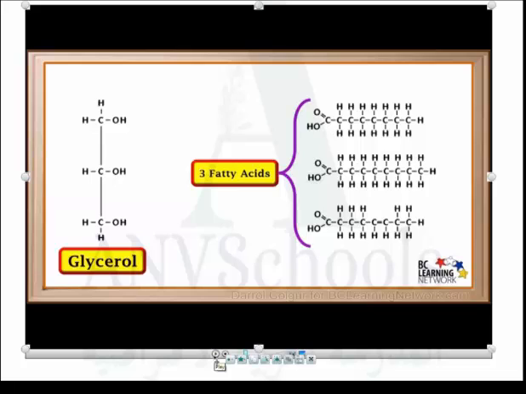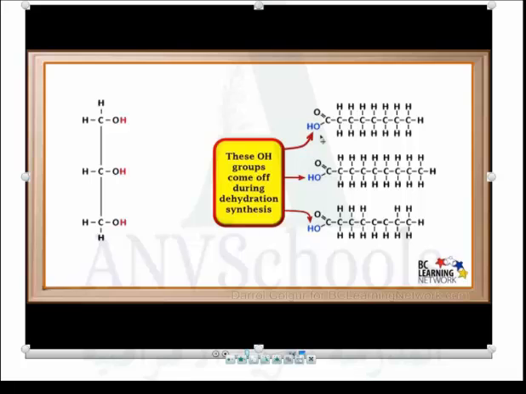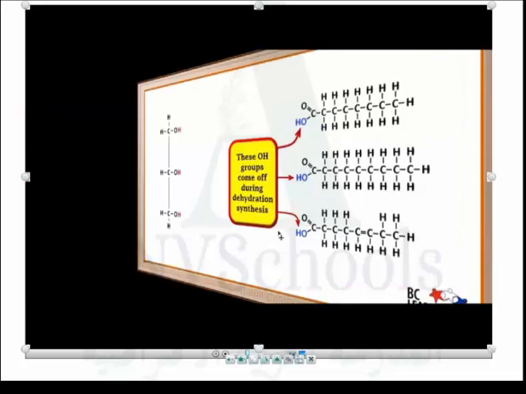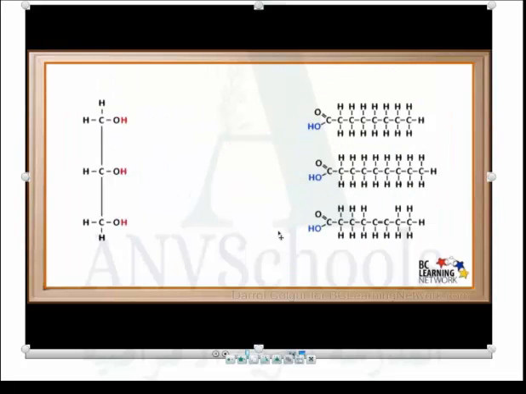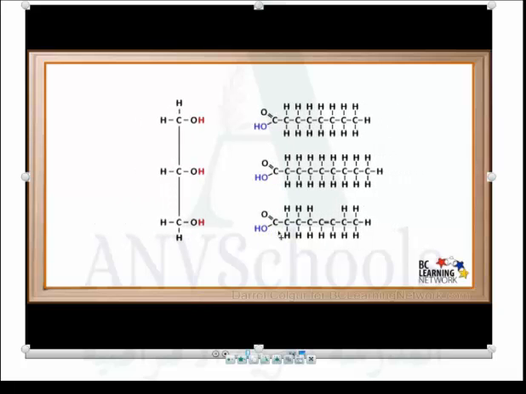So as we progress here, it can be either saturated or unsaturated. So these hydrogen atoms come off during dehydration, and these OH groups also come off during dehydration to produce water. So if they come together, they will form, of course, bonds, and a water molecule will be lost.